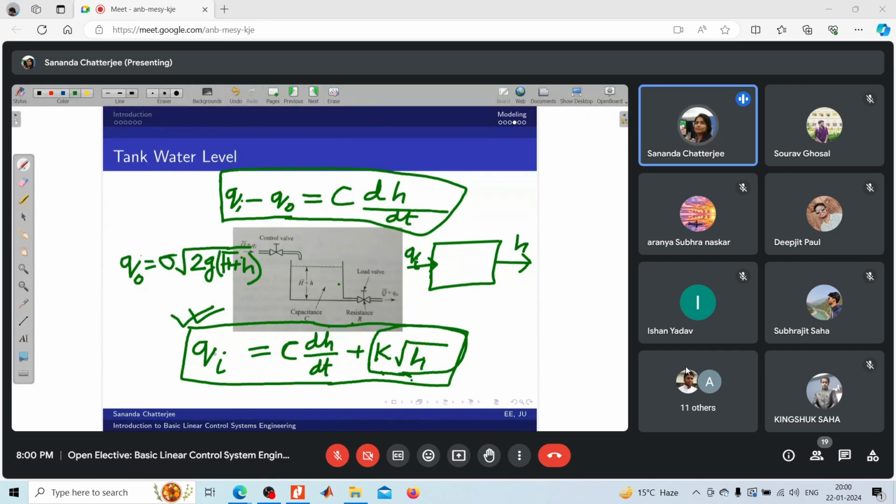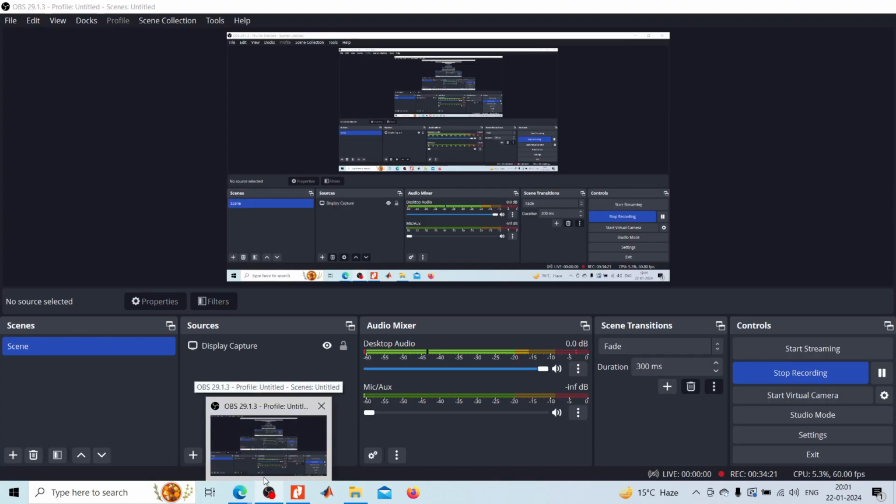Now, then we have to check for linearity and time invariance. So how do you check? If the differential equation is linear in nature... this one is nonlinear, therefore the system is nonlinear. If we want to check for the time invariance property, how do we check? We will see the coefficients of the terms, whether they are a function of the independent variable or not.